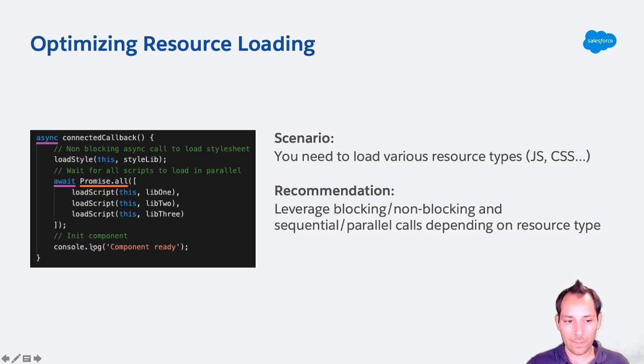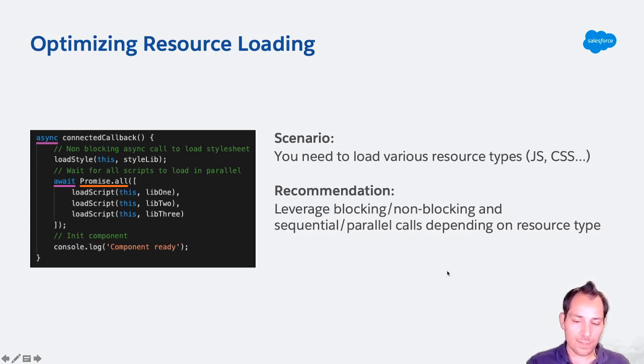You could do that also with a .then at the end of promise.all, but you can also use the async and await behavior to block the execution of JavaScript until promise.all has returned. That means all 3 resource loading functions have been resolved. So if you had a bit of extra JavaScript to initialize your component that required those 3 libraries to be loaded, you could then call it down there. That's the whole principle.